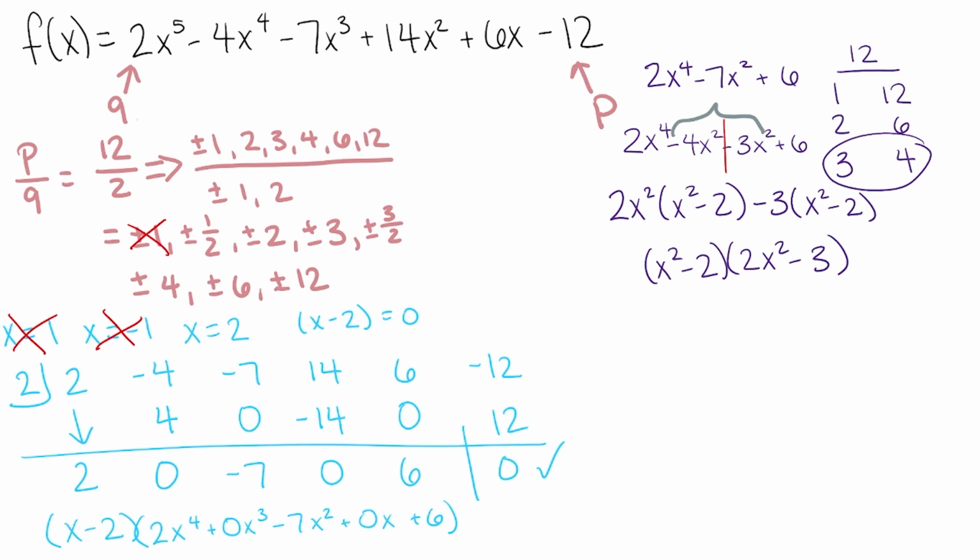Looking at both of these, we want to consider our difference of two squares special binomial, and in this case, neither of these can be factored any further. This means our final answer in our fully factored form for this polynomial is going to be x minus 2 times x squared minus 2 times 2x squared minus 3.